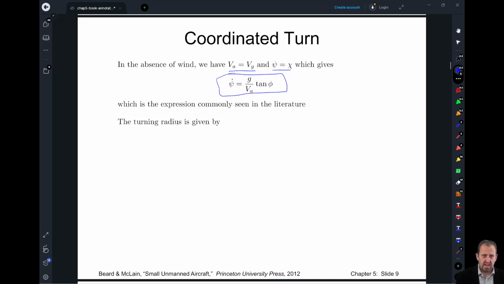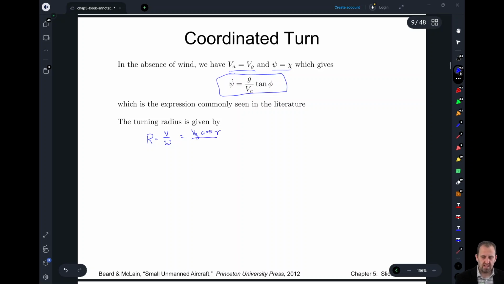Another thing we can look at is our turning radius, R, which is equal to V over omega. If we're given V and omega, we can determine what R is going to be. Recall that V, our velocity in the horizontal plane, was just VG times cosine of gamma.